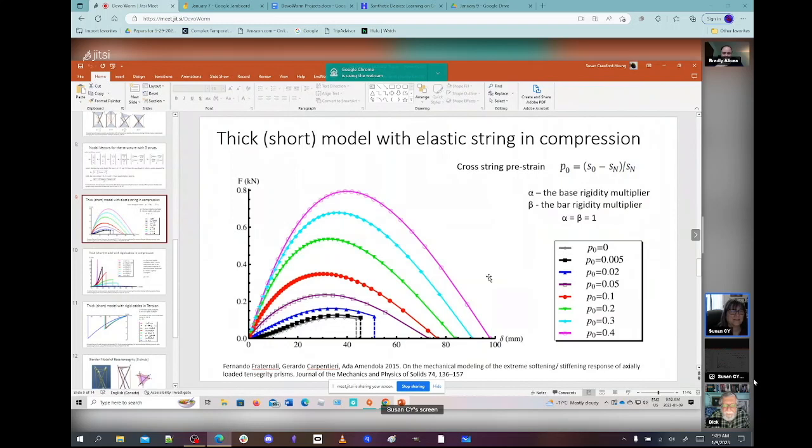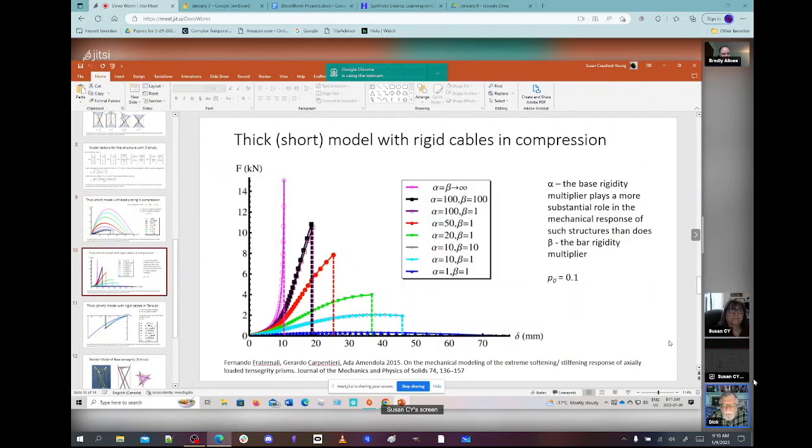Alpha and beta are the rigidity multipliers of the strings and the bars. These are called J curves. If you take the derivative of these in certain ways, you also get a J curve. So I suspect they're kind of an exponential curve. This is what they were getting with their modeling, and there's your J curve. They're using rigid cables, just like Stephen Levin said.